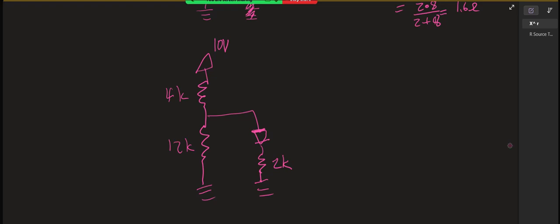It's going to see these two in parallel, because for the Thevenin equivalent we short out the voltage source, making it ground.